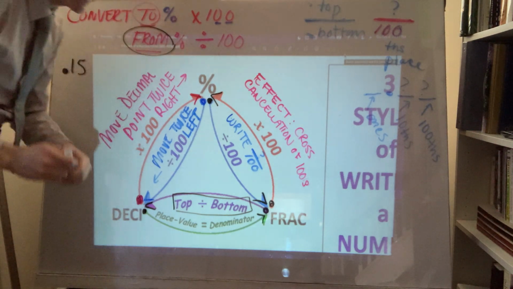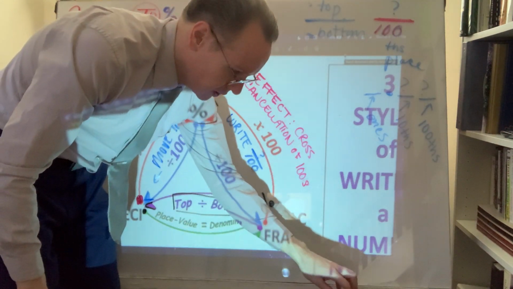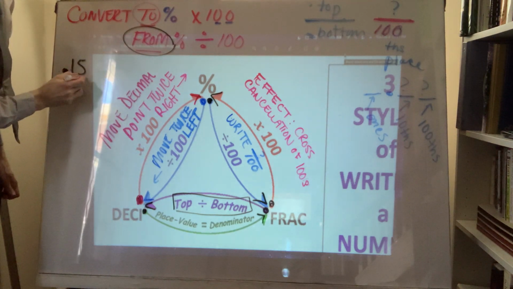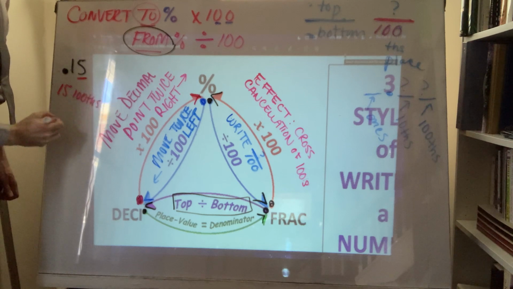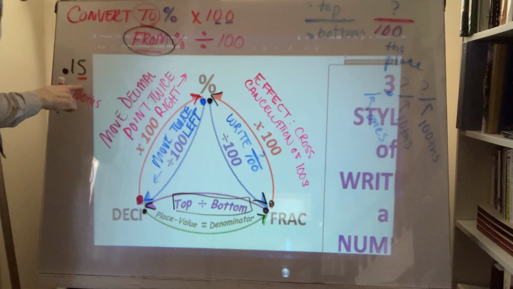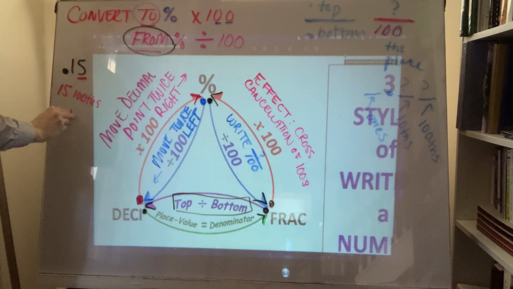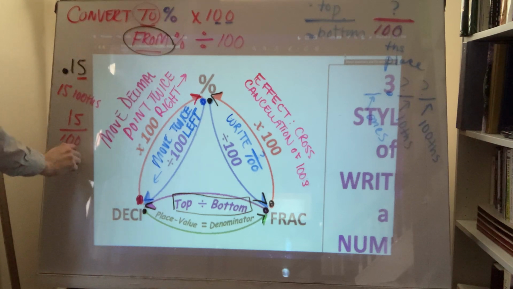But saying it that way, however peculiar it is, it's English, and English is filled with peculiar expressions. The place implies what the denominator is. I don't know if you can see me because I'm out of the frame here. Just barely. That's 15 sitting over 100, literally.